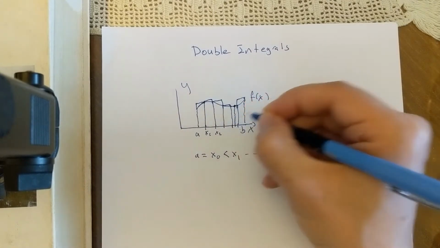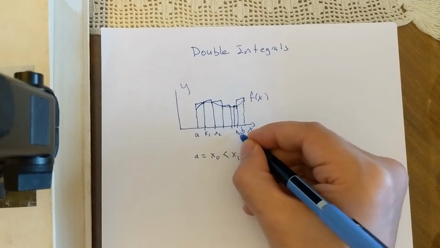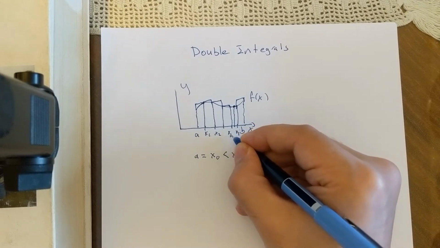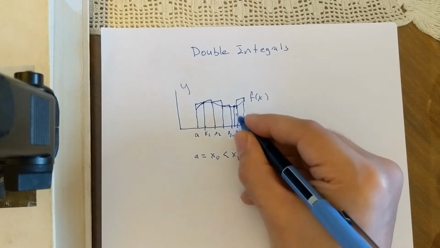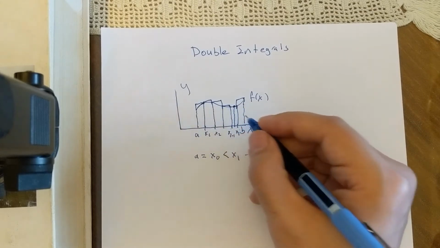So you could take your height to be any point. Let's call this x sub i, and let's call this x sub i minus 1. Any point between x sub i minus 1 and x sub i, and you could draw your rectangle.